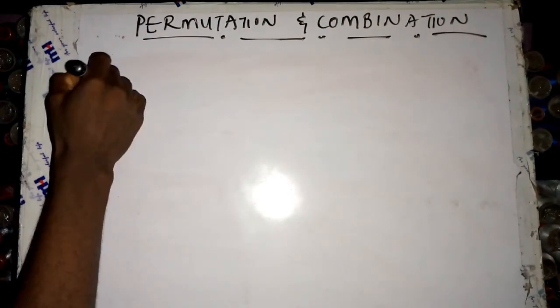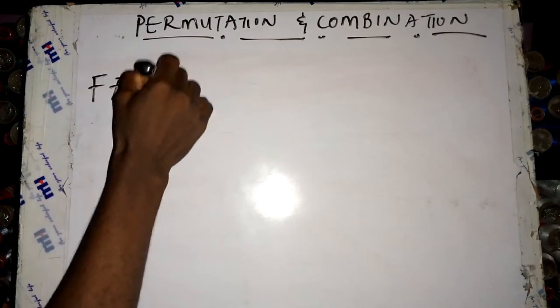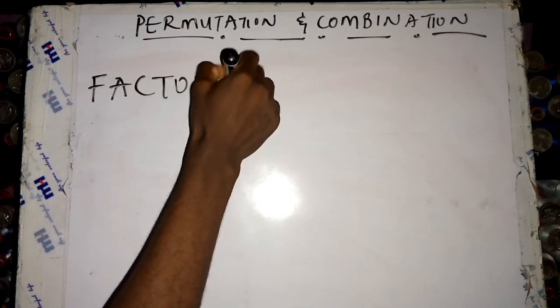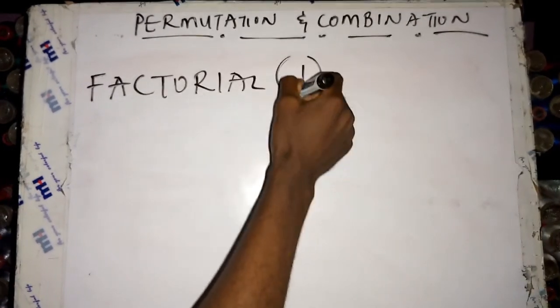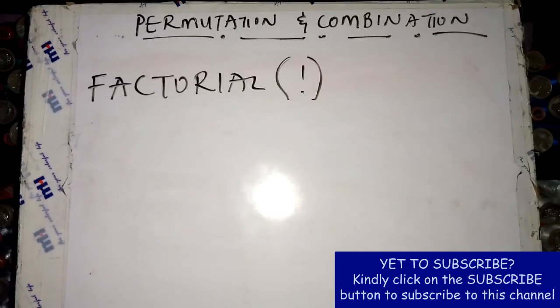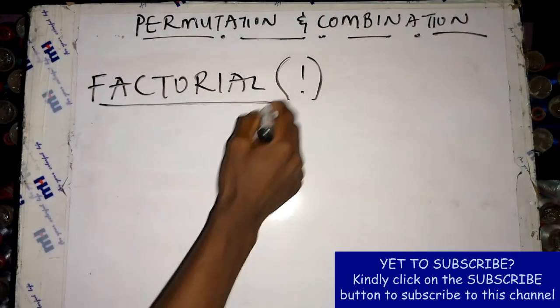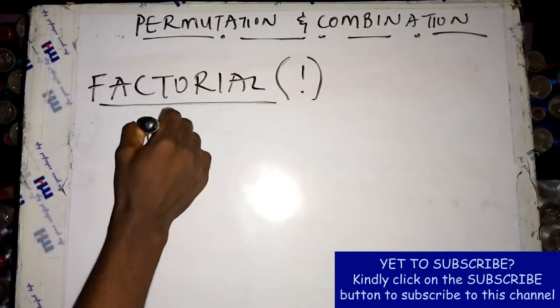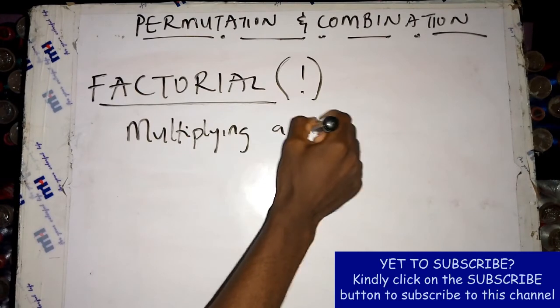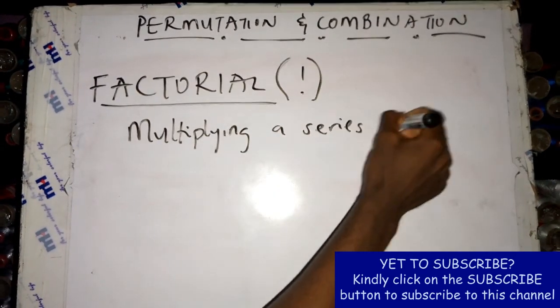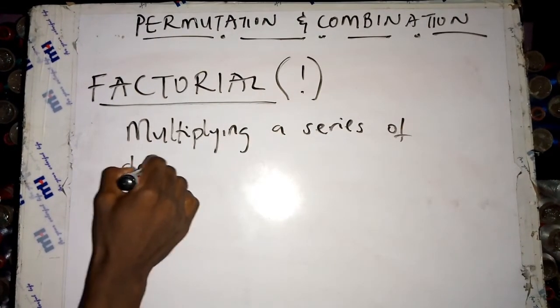So when we talk about factorial, this is the symbol for factorial, like an exclamation mark. Factorial means multiplying a series of descending numbers.